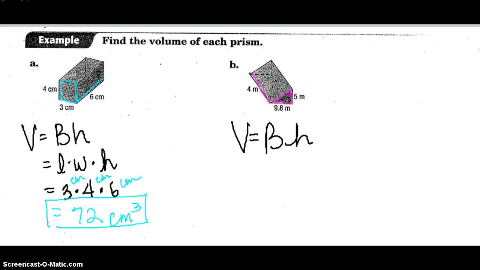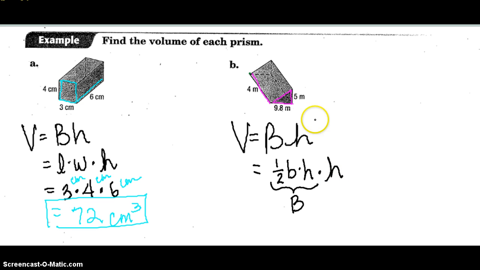Capital B stands for area of our base, and our base is a triangle. So the area of a triangle is 1/2 the base of the triangle times the height of the triangle. All of this is capital B. Then I have to multiply times the height of the whole prism.